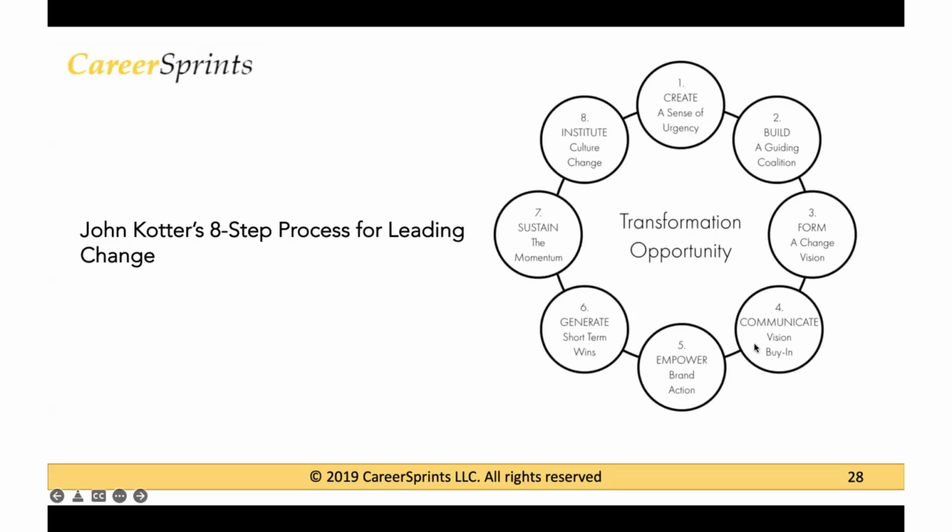Right? So form a change vision, and then you communicate the vision. So basically you constantly need to communicate through different ways, through television, through written documentation, through emails, through meetings, think of all the different ways that you can communicate the vision to people.